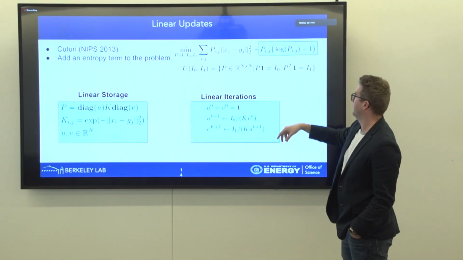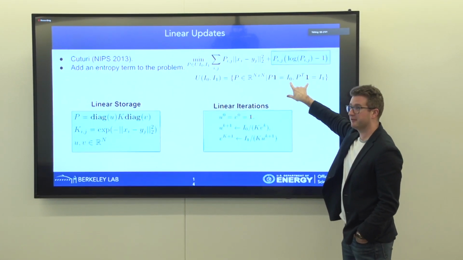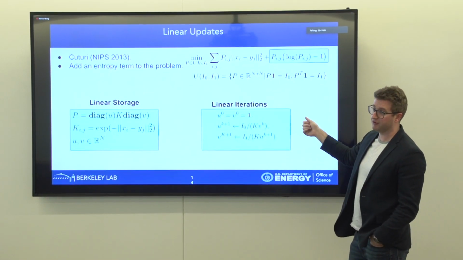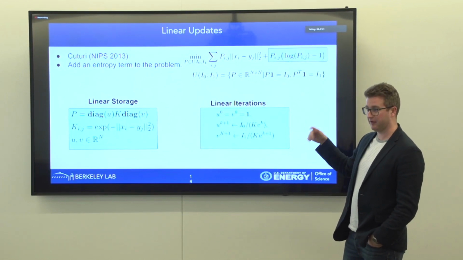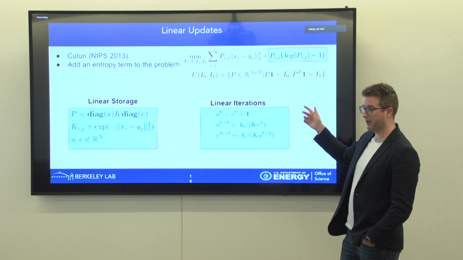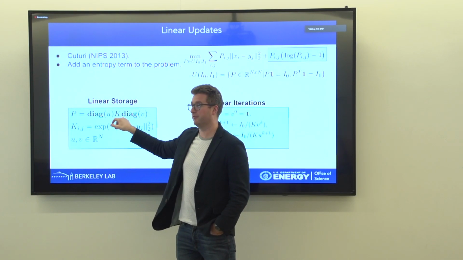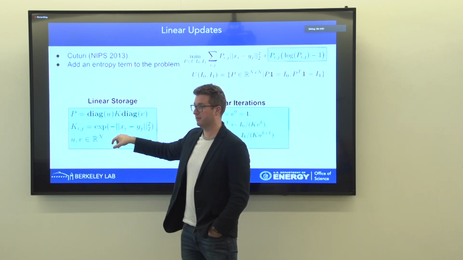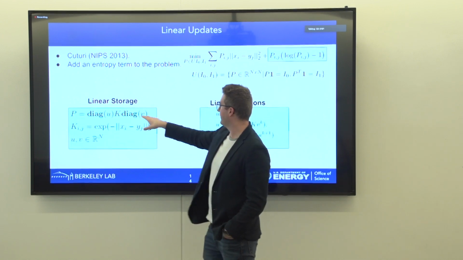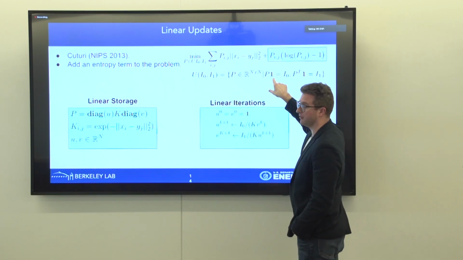For these two constraints, you have n constraints for each one. If you take your Lagrangian, you introduce your dual variables, U and V, and from the optimality conditions, K we already know. It's this exponential. The only thing we need to find out is U and V, so we substitute those back into our constraints.